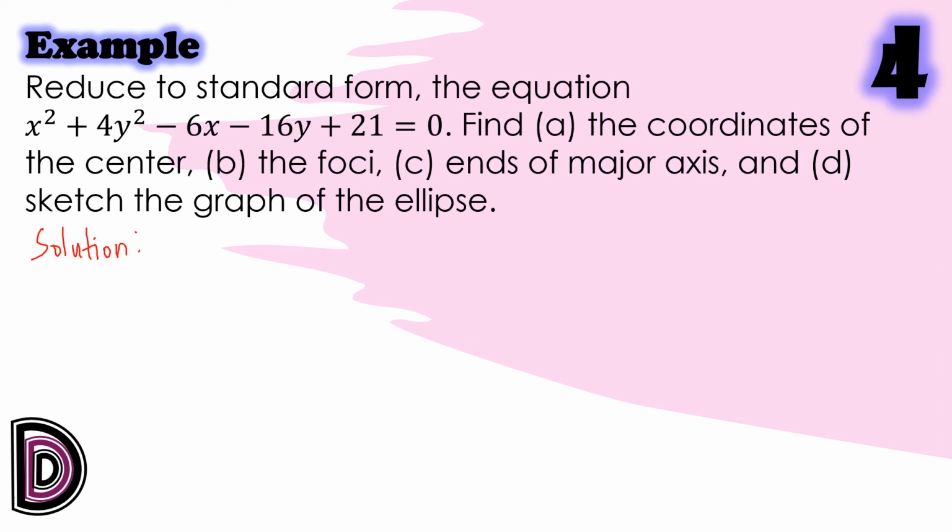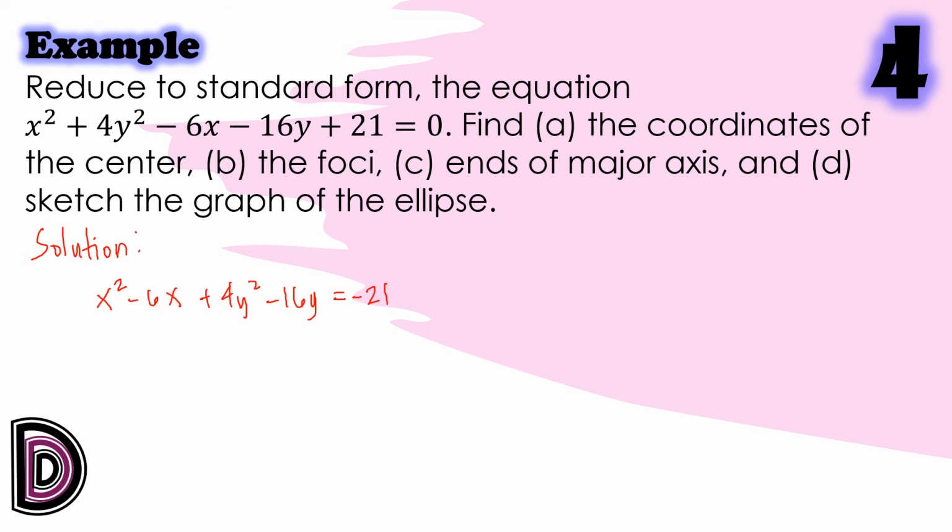First, let us reduce the equation of the ellipse to its standard form. So we have x squared minus 6x plus 4y squared minus 16y. Subtract 21 from both sides. The right hand side will be negative 21.